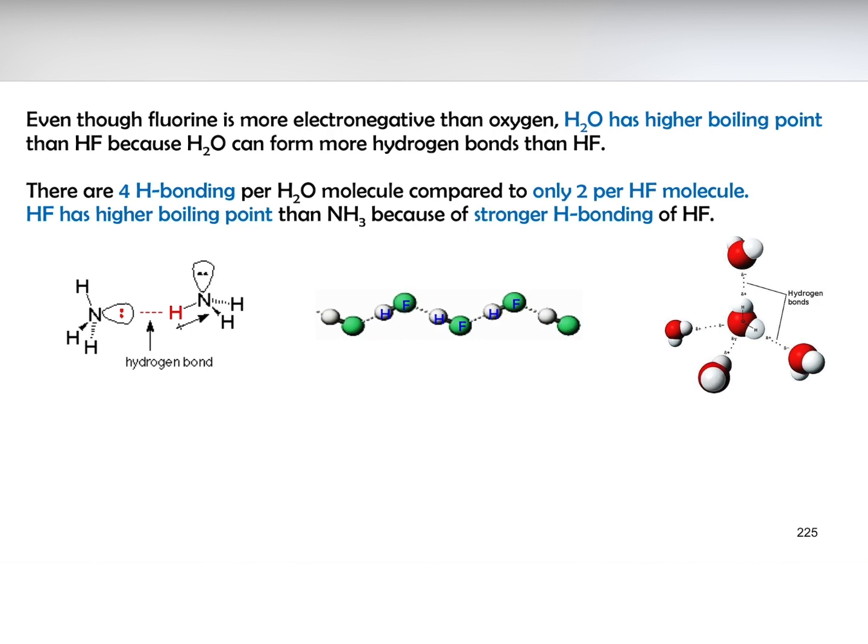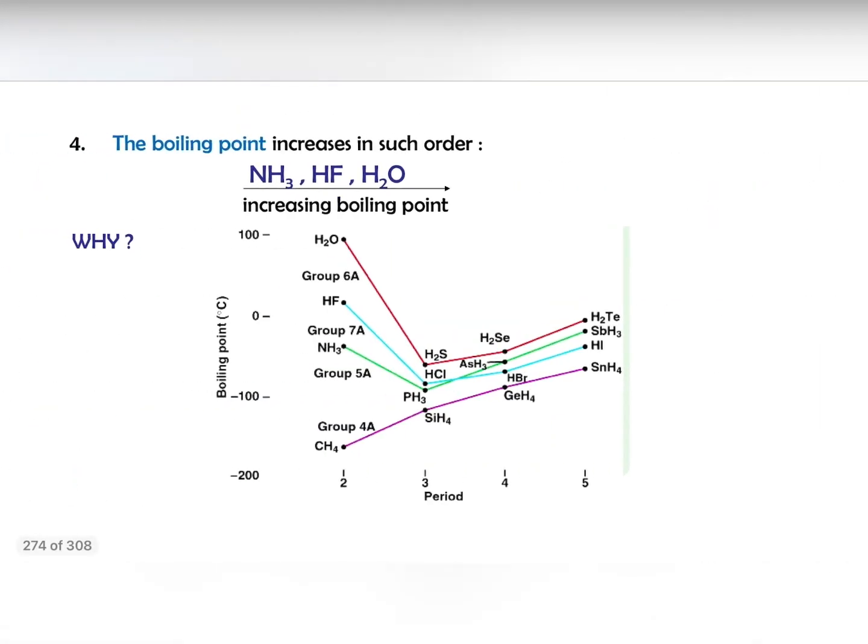So even though fluorine is more electronegative than oxygen, kalau kita tengok in terms of electronegativity, SINOF kan, fluorine yang paling elektronegatif compared to oksigen. Tapi kenapa kalau kita tengok dekat sini, susunan dia H2O is the highest boiling point. Okay, why? Kenapa it is higher compared to HF?